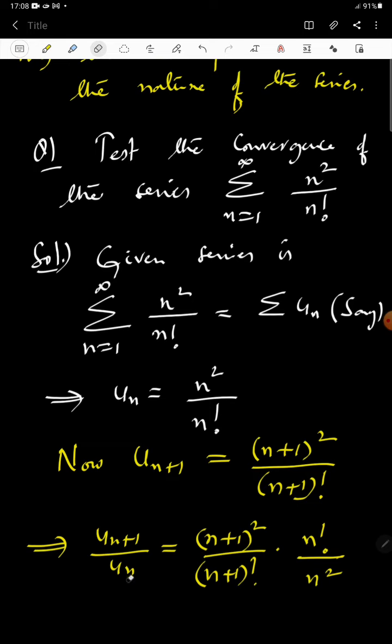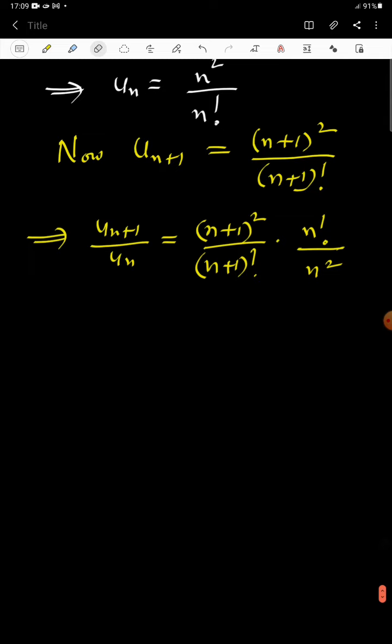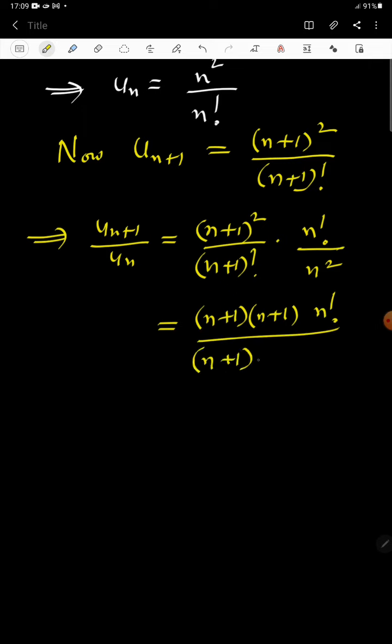Now we have un plus 1 by un. I'll calculate the limit of this, but first of all let us simplify it. It's better to have a simplified version. n plus 1 into n plus 1 into n factorial divided by n plus 1 into n factorial into n square. Now this n factorial gets cancelled, and one n plus 1 gets cancelled.